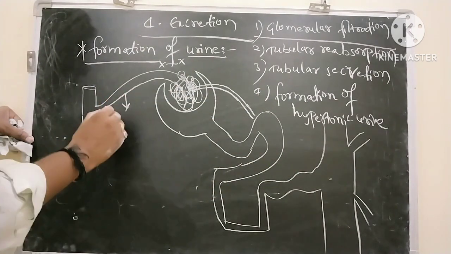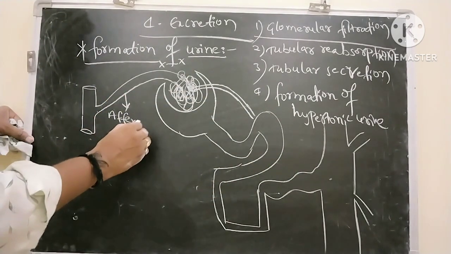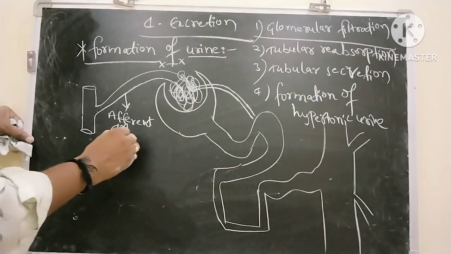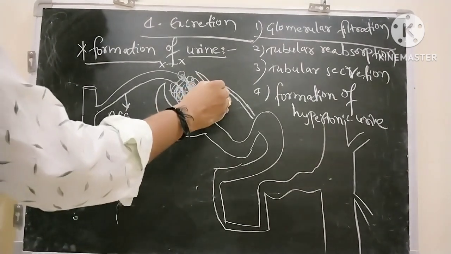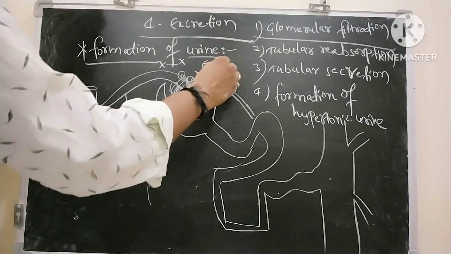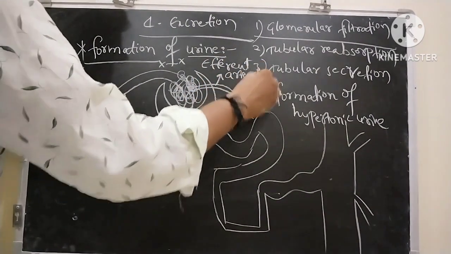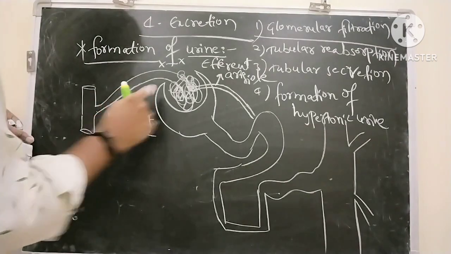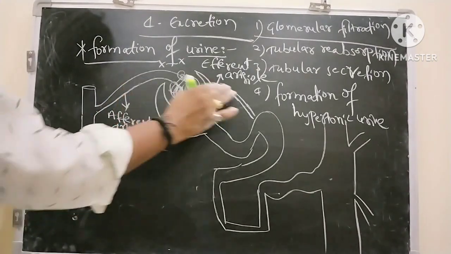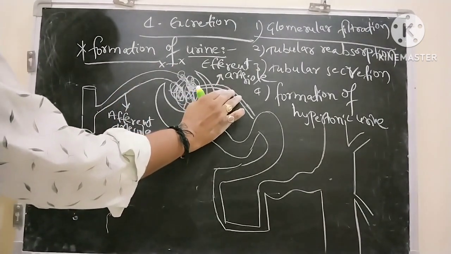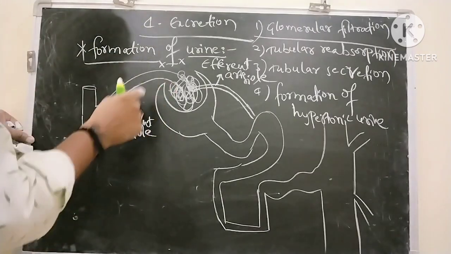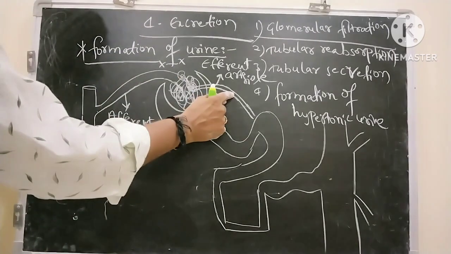Where the diameter is more, it is called afferent arteriole. Here the diameter is less, it is called efferent arteriole. Here we have to show the difference. And the question, why the diameter of afferent arteriole is more than efferent arteriole?